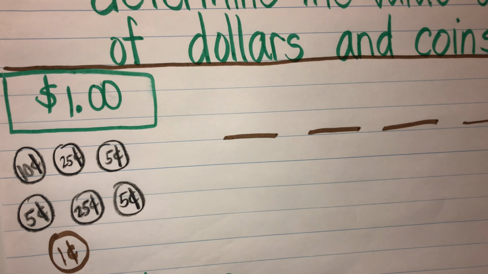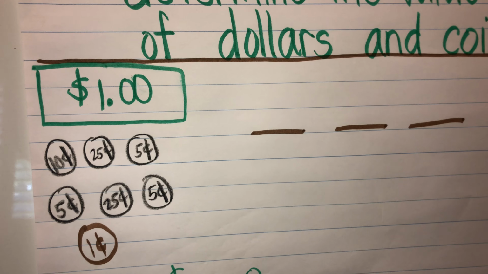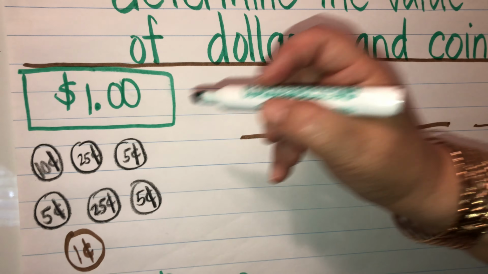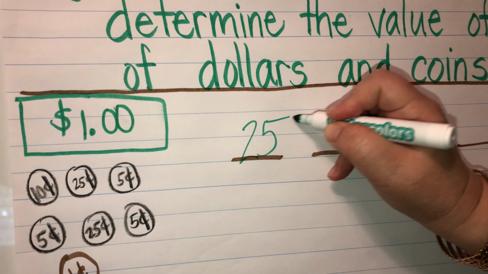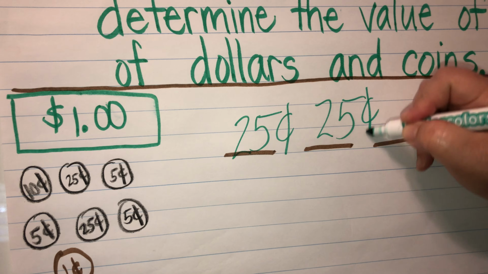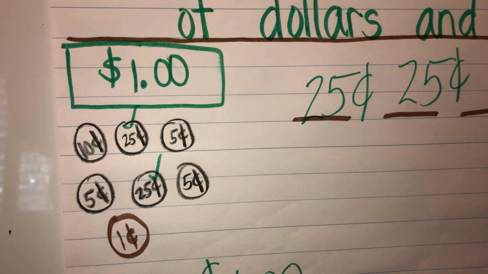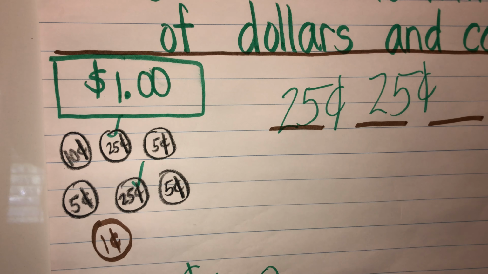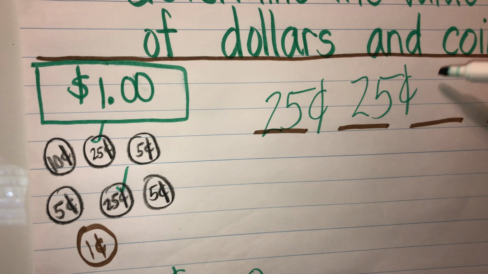So I think that I should write the quarters first because they have the greatest value. Do you agree, boys and girls? Yep, quarters. 1, 2. And then I'm going to move on to the coin that has the next greatest value. And that would be the dime. I only see 1.